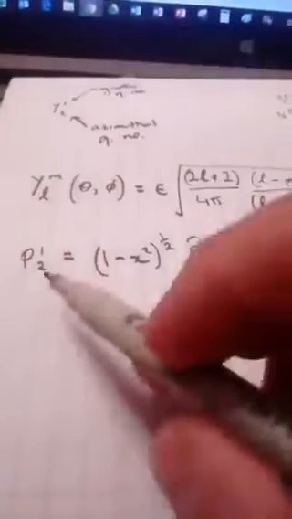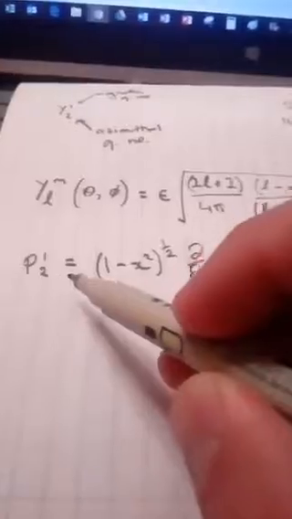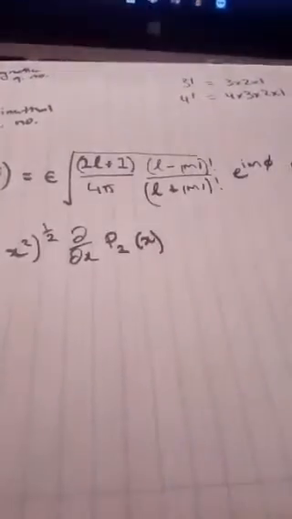Now we have that, which fits into here, and the cos theta is going to go into here. But now we have another problem. What is P_2 of x?